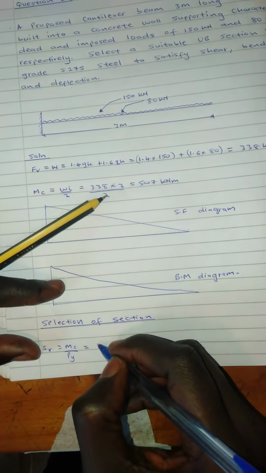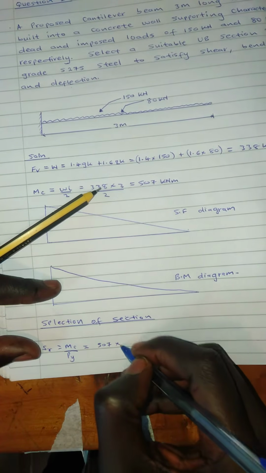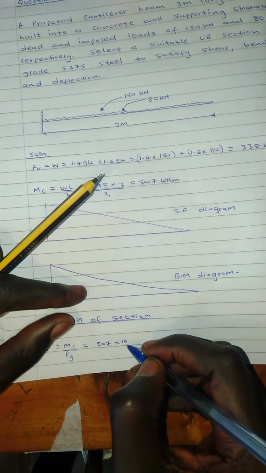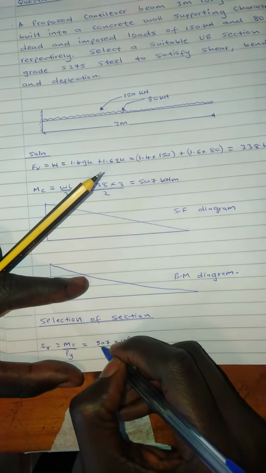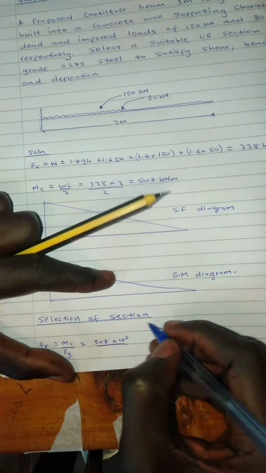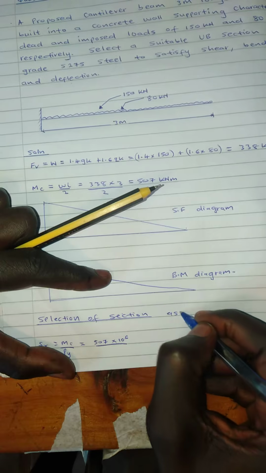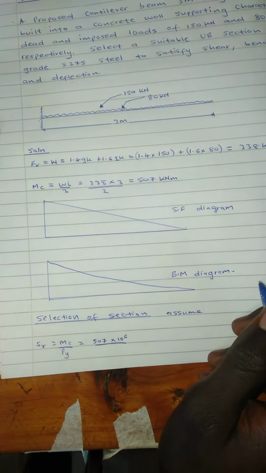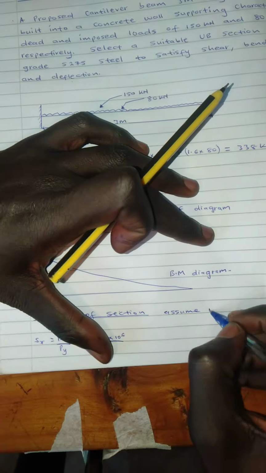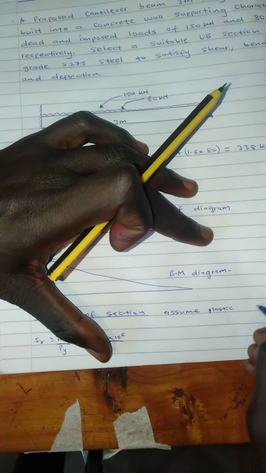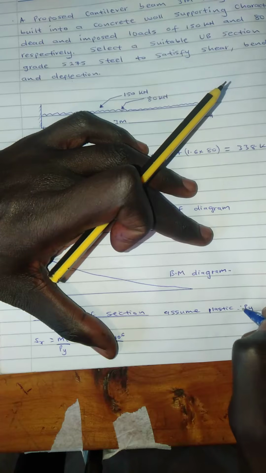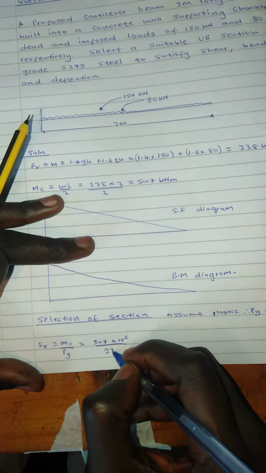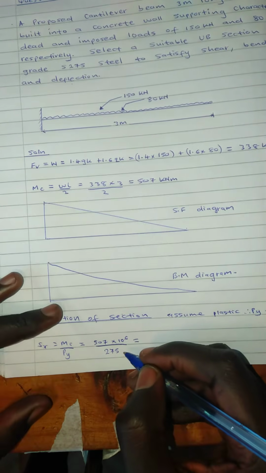That means 507 times 10 raised to power 6 divided by PY. When we are first trying to select the section, we first assume it is plastic, so we use PY to be 275. So divide by 275.